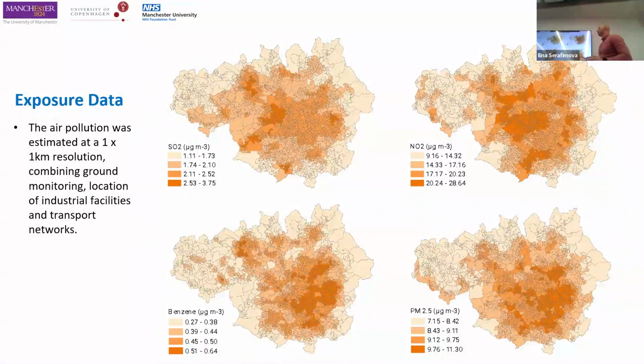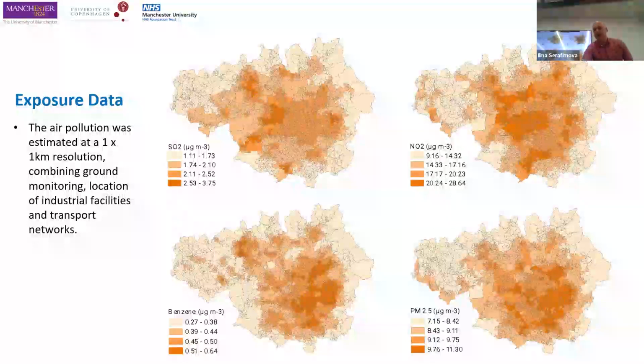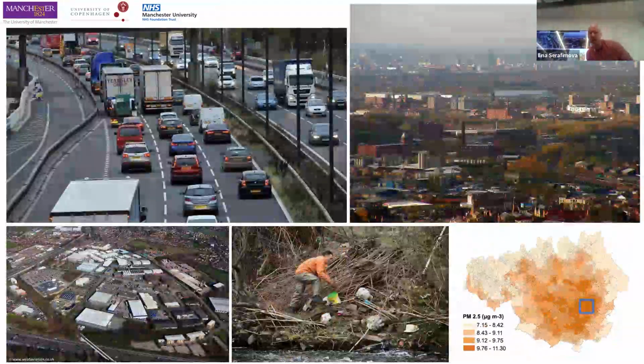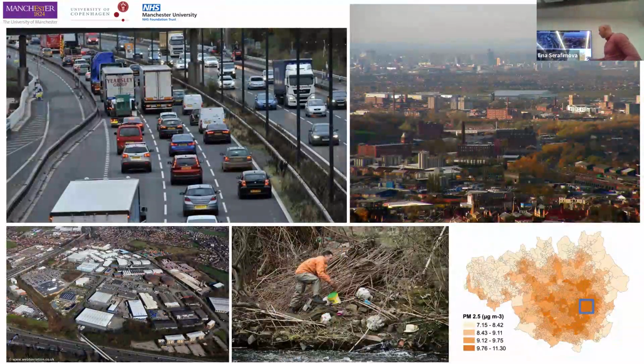But this study is not looking at why. It's showing associations, but it's not looking at why we're seeing these differences. As I said, we have a lot of industry around here.